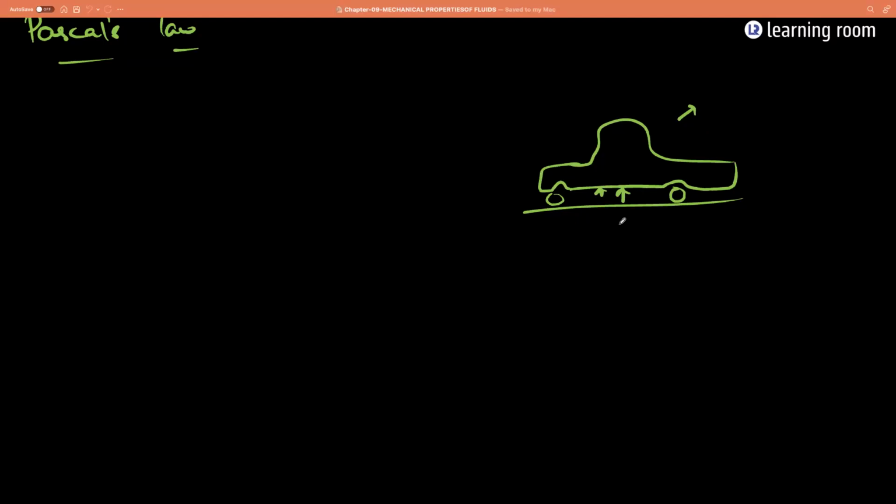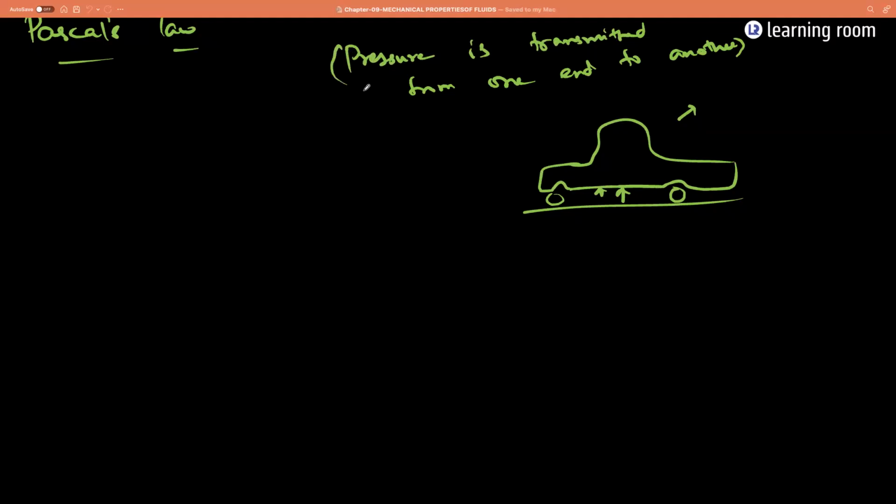Their pressure is transmitted from one end to another. Am I right? So pressure is transmitted from one end to another. So that's what this Pascal's law mainly speaks about.